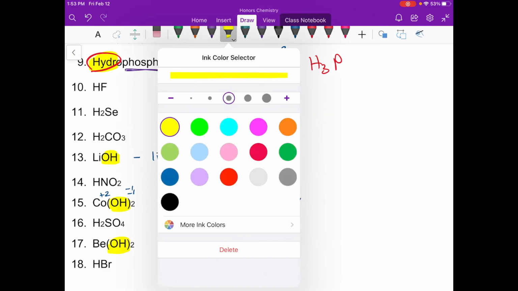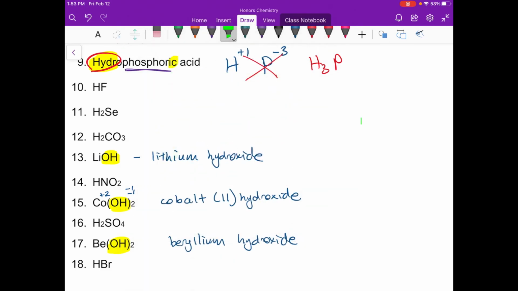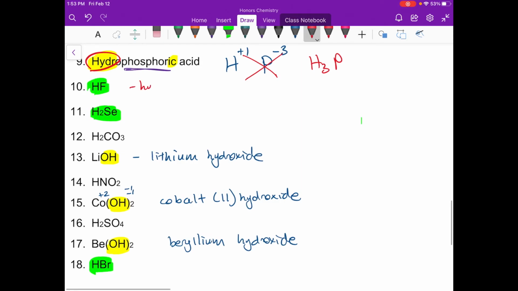Let's go through now and find any binary acids. Those are the ones that are going to have the hydro-ic acid names. There's one, H with a single element. There's H with selenium. There's H with Br. So these 3 are going to be your hydro-ic acids. This one's going to be hydrofluoric acid.